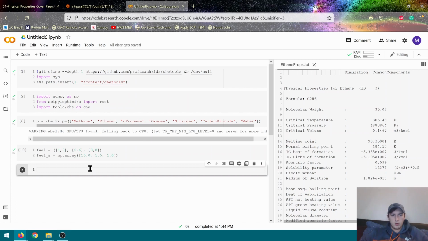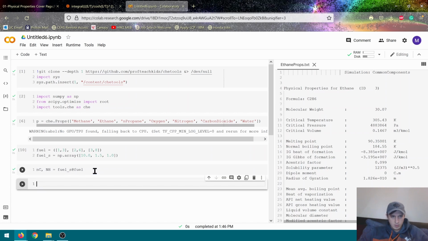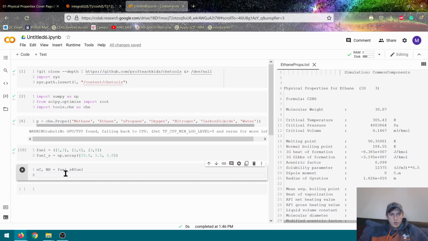So now what we're going to want to do is solve for our number of moles of carbon and number of moles of hydrogen. So we're going to say NC, comma, NH is equal to fuel_S at our fuel. Cool. So next we're going to want to solve for our number of moles for CO2.